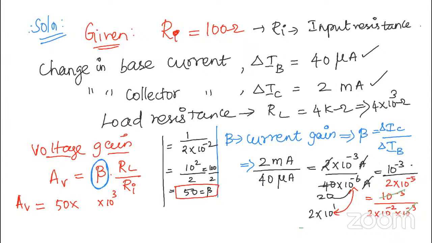RL's value is 4, no? So here it is 4 divided by 100. So this is 1 time and this is 2 time. So simply 2 into 10 power of 3, which is equal to 2000.